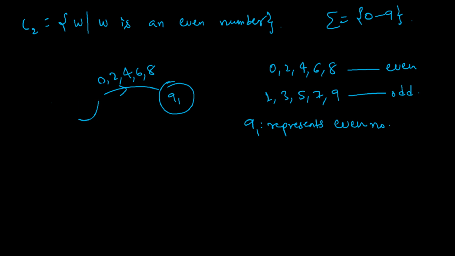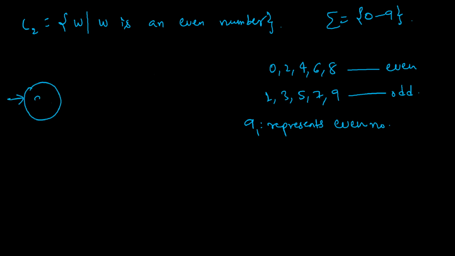When we are constructing a DFA, we should intuitively try to draw the minimal DFA. So let's say this is Q0. Q0 represents even number. Anything 0 or 2 or 4 or 6 or 8 comes, it stays at Q0.